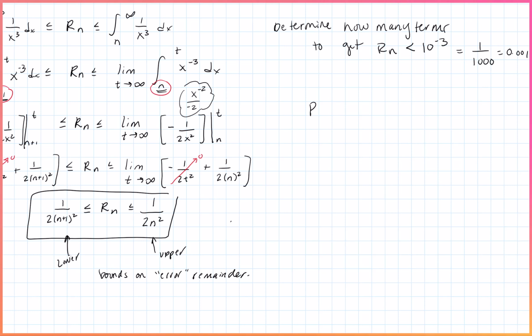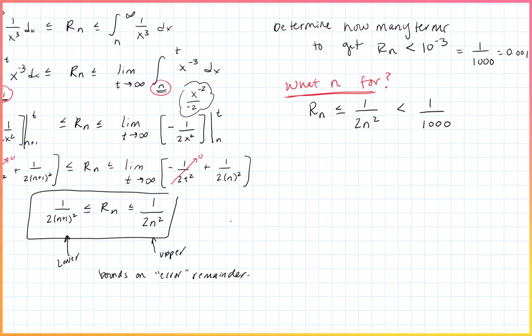So we know from our generic work that r sub n has to be less than or equal to 1/(2n^2), and we want that to be less than 1/1000. We want to figure out what n we need in order to have that error be less than 1/1000.